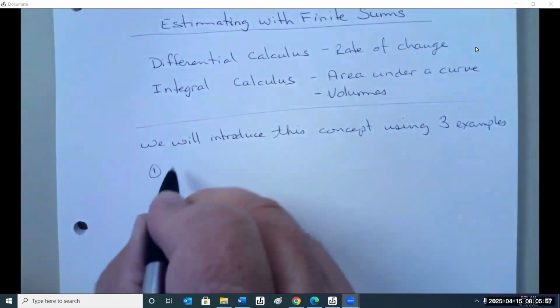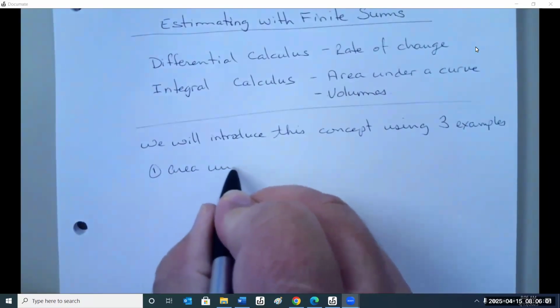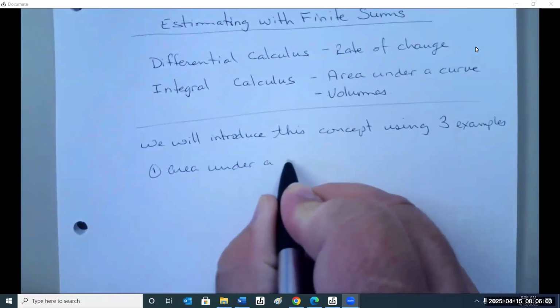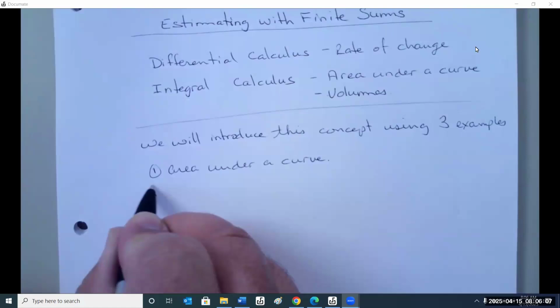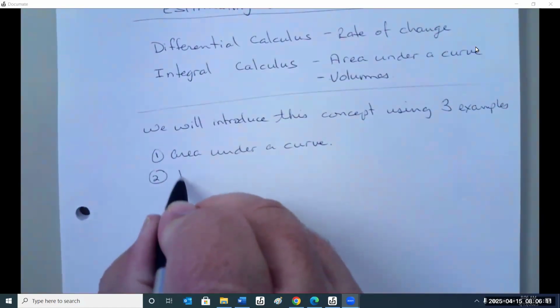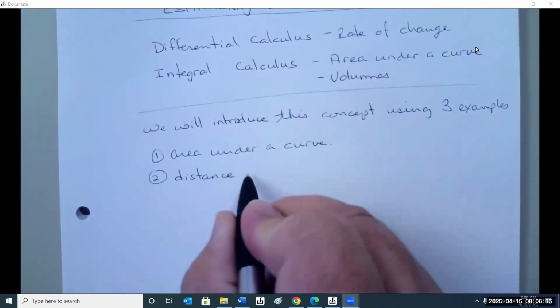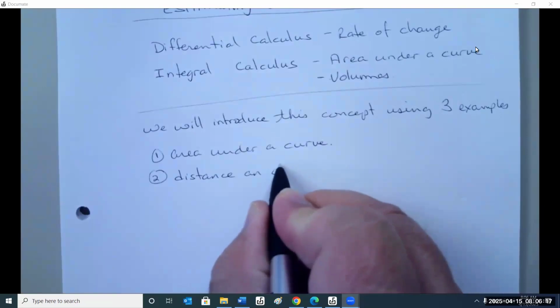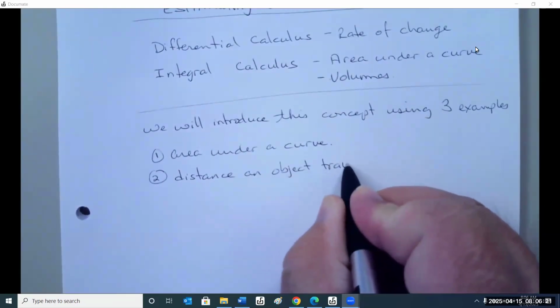The first one, we're going to look at area under a curve. The second one is going to be the distance an object travels.